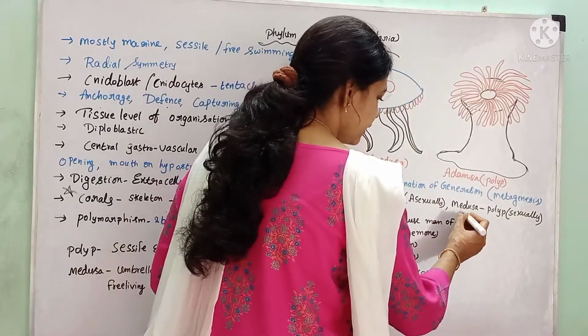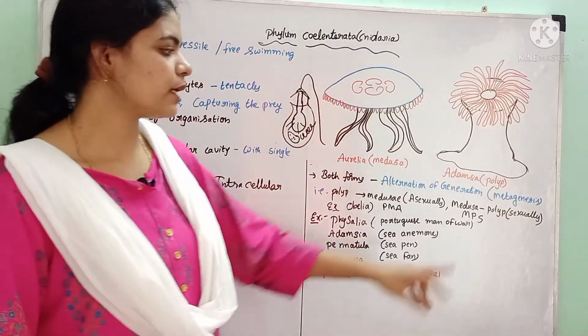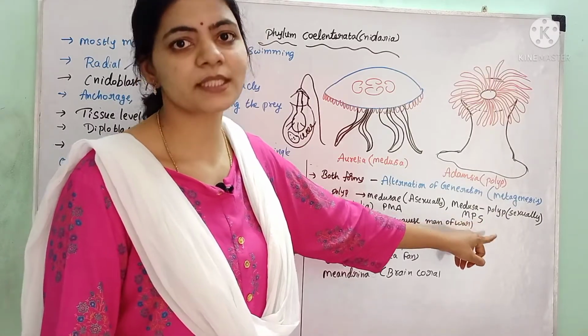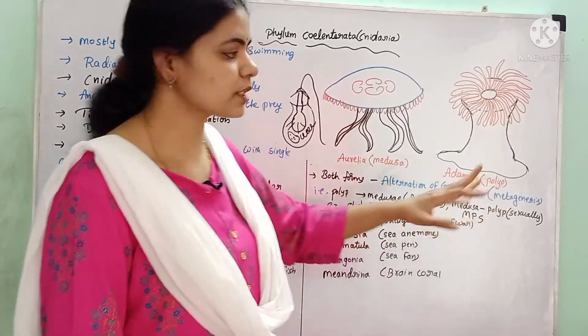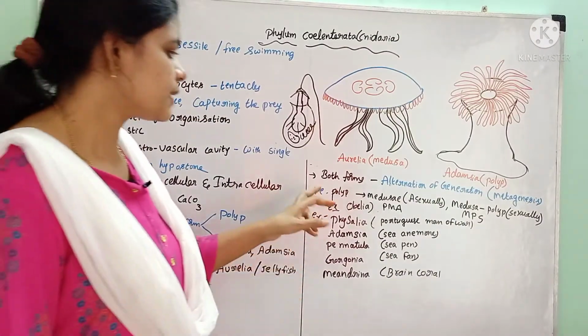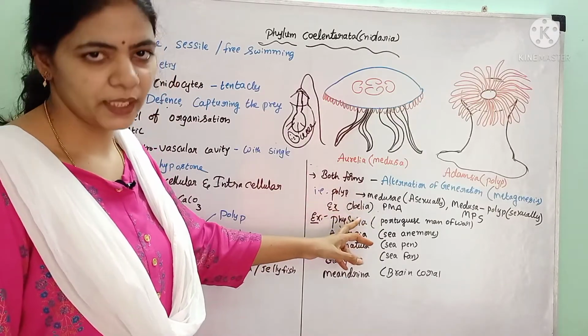And MPS means from the medusa, polyp is formed by sexual reproduction. That is called alternation of generation. An example of a form which exhibits alternation of generation is Obelia.